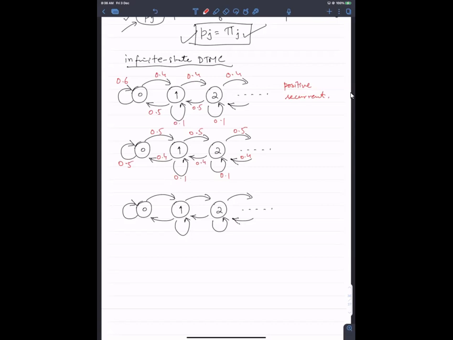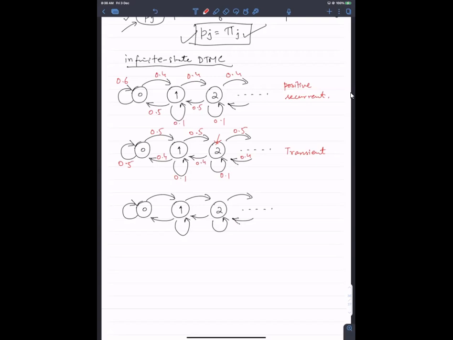There will be a time after which with probability 1 you will never come back to that state. So अगर आप state 2 में अभी हैं, so there will be a time in future after which you will never come back to state 2. Okay, so this kind of a Markov chain is a transient Markov chain.